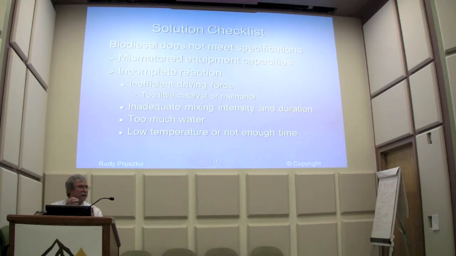They're spinning and the stuff's hot, so you're going to lose a lot of methanol through the centrifuge. People don't realize that, and then they don't add that excess back in the second batch. That's where they lost some of the methanol. And again, you could lose catalyst.